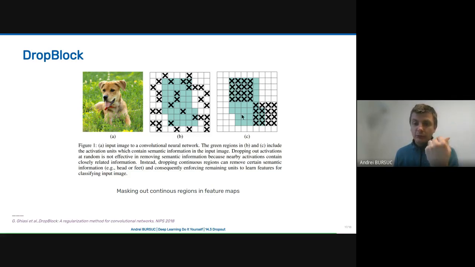This forces the network to learn from other information. Here, the green is the contour of the dog, which is the useful information, right? So if I mask the head of the dog and part of the legs, the network will have to recognize the dog also by other features, by the fur, not just by the mouth, the nose, and the ears. So this is a quite nice way of doing dropout, it makes sense, and it works quite well in practice.